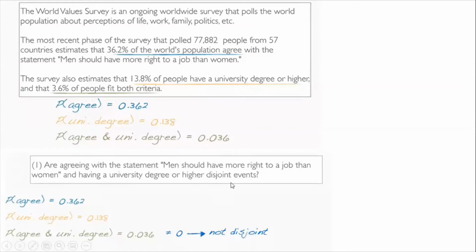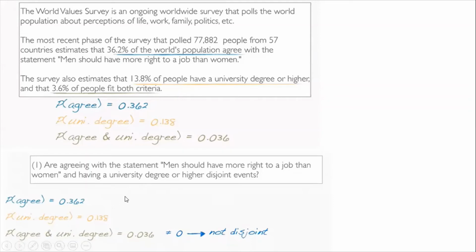So the first question: are agreeing with the statement that men should have more right to a job than women and having a university degree disjoint events? Let's review this. In order for us to call them disjoint events, what do we have to prove?